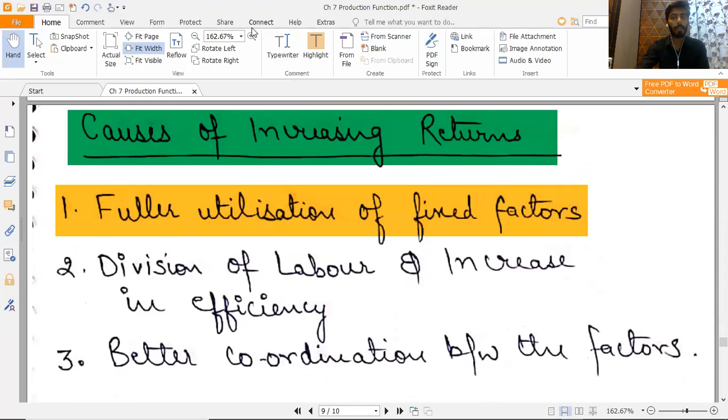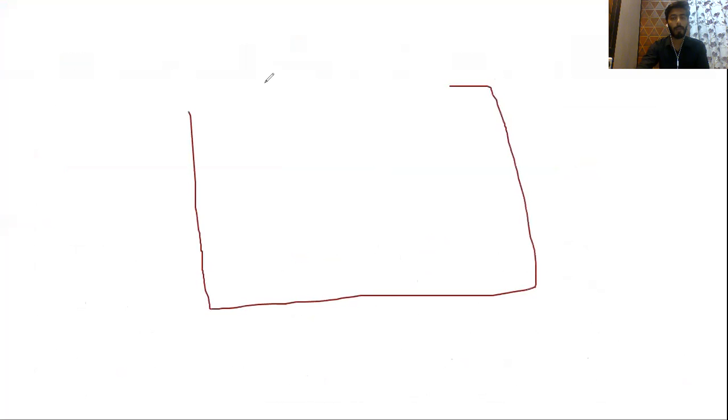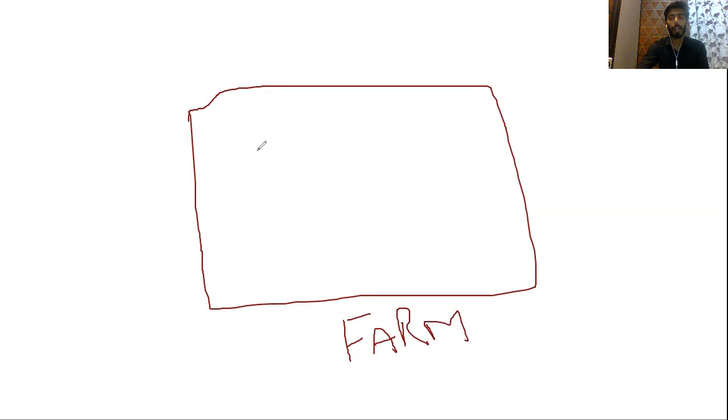Now see, let's say there is a farm where the farmer is working. This farm requires a minimum of 10 labor to work to get the full output.